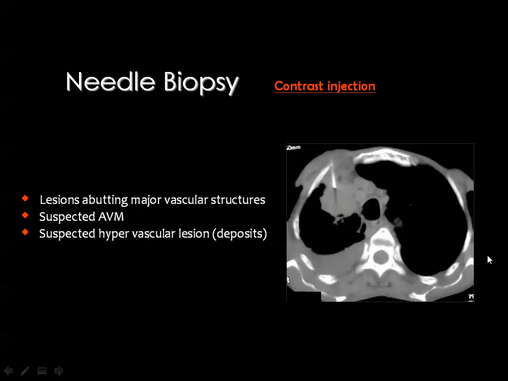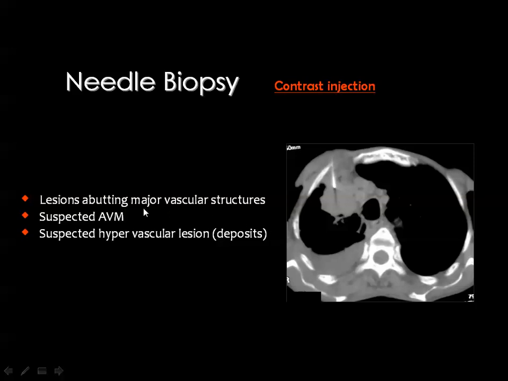Then if you look here, this is an example of an anteriorly located lesion, and is intimately related to the chest wall. There is no lung tissue across the needle track, and this is a good approach rather than the posterior one or the lateral one, where you should pass through the pulmonary parenchyma to reach the lesion.